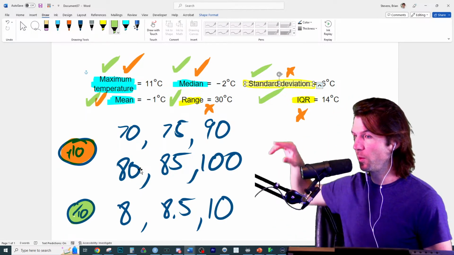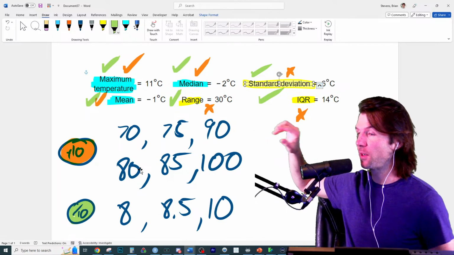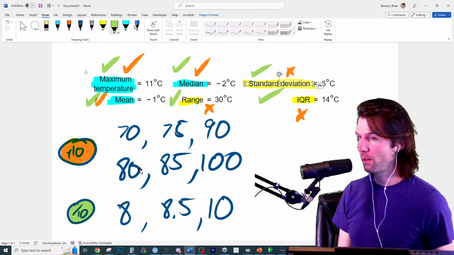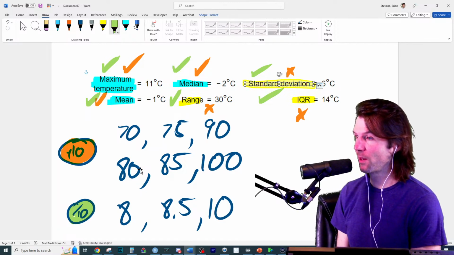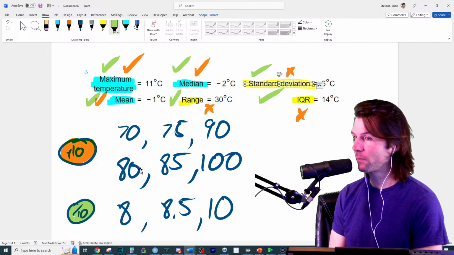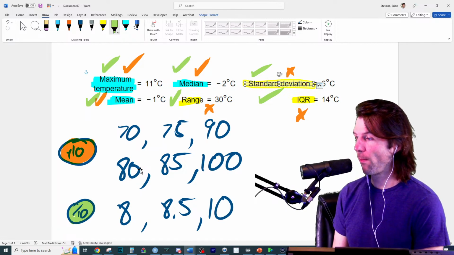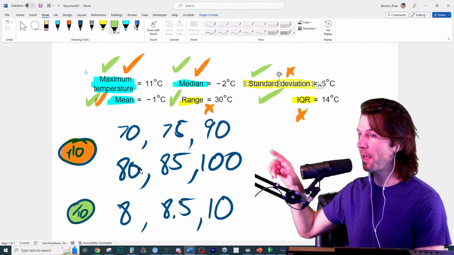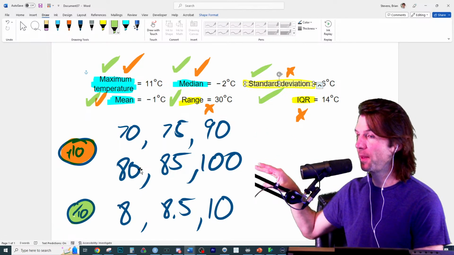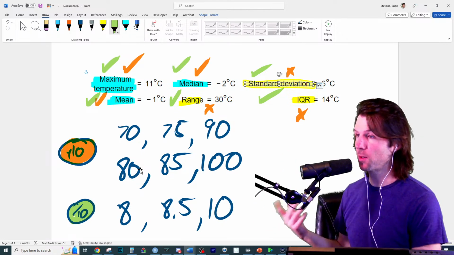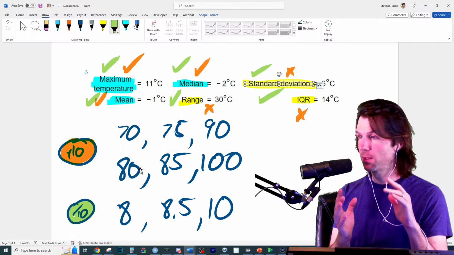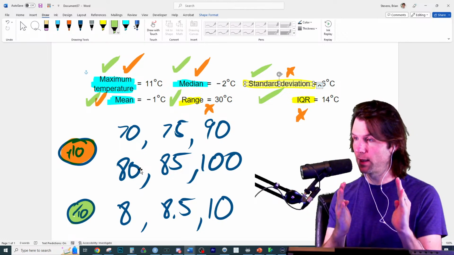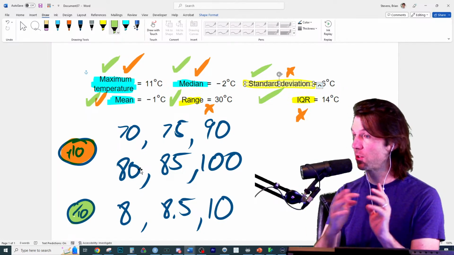But the spread: what is the spread of 70, 75, 90? And then we added 10 to everybody's scores. Now if you take someone's score, you'd have to add 10 to it to find their new score. But think about this: the lowest went up by 10, the highest went up by 10. So if they both go up by 10, they're still the same distance.